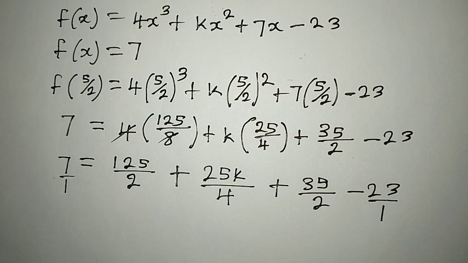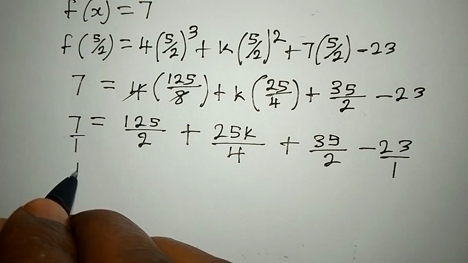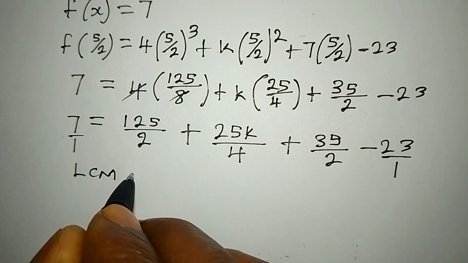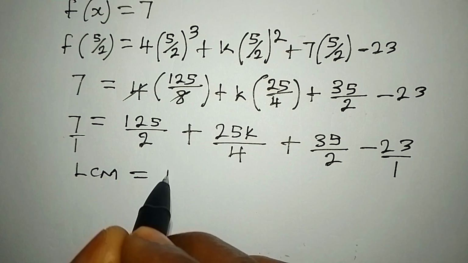So what we'll do next is to find the value of k, and we can do that by getting the LCM. The LCM of 1, 2, 4, 2, and 1 is 4.